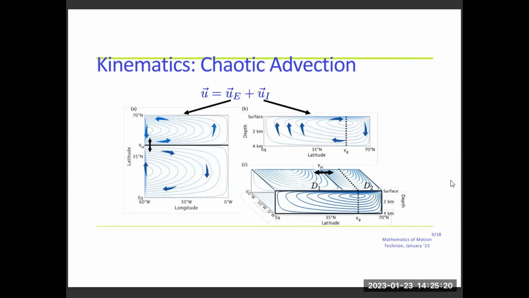And we get a 3D, perhaps time-dependent, if this is oscillating, flow. And this flow U is built from UE, which is the surface flow, and UI, which is the overturning flow. E is for external, since this is wind driven, so it's driven by external forces. I is for internal, since this is density driven, so it is driven by, in a sense, internal variables. So UE and UI.